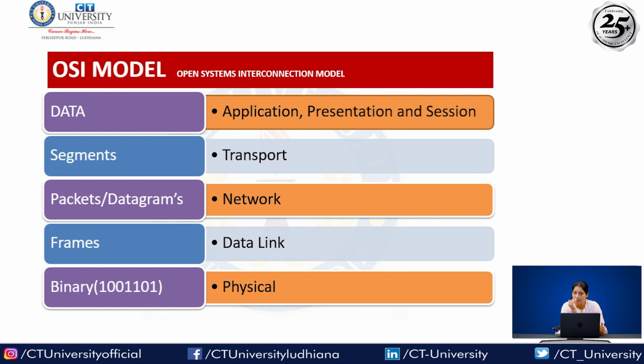Means data is segmented, then those segments are converted into packets, small packets or datagrams, and then those packets are framed in framing, and those frames will contain 1-bit data. This is called binary data.